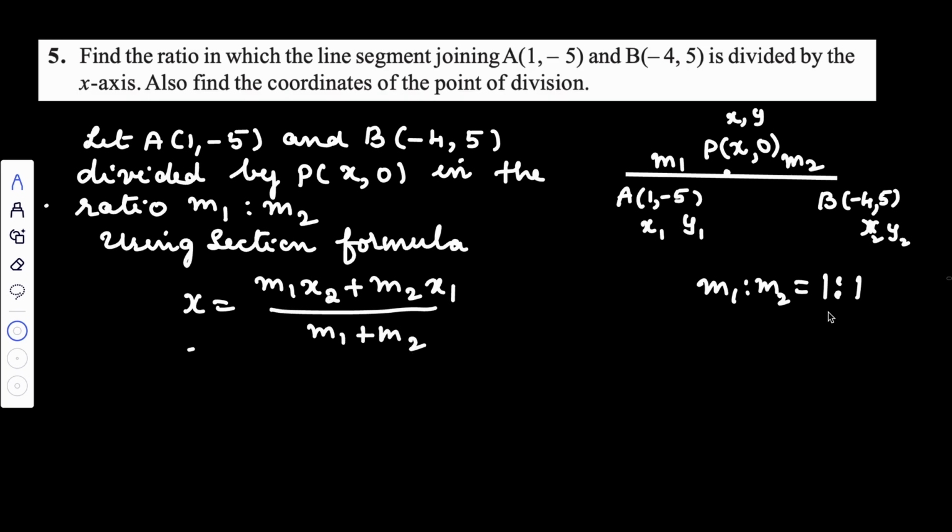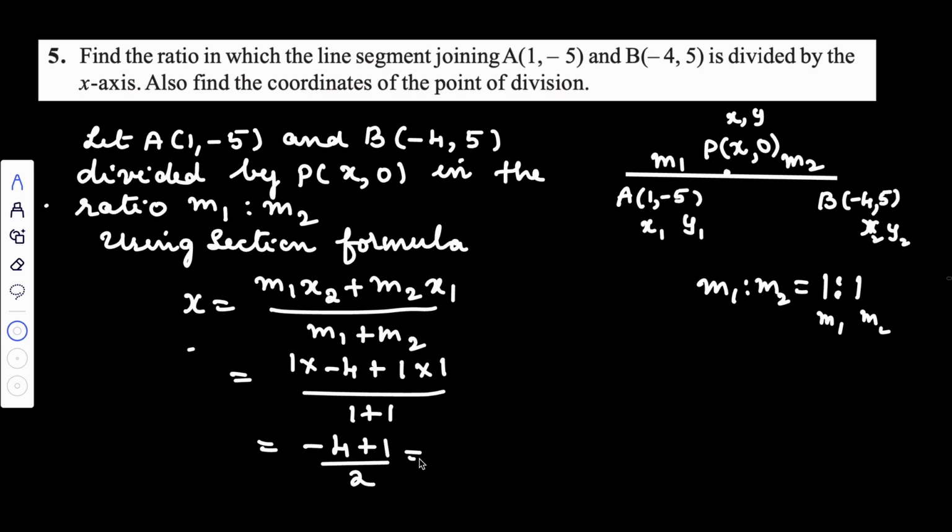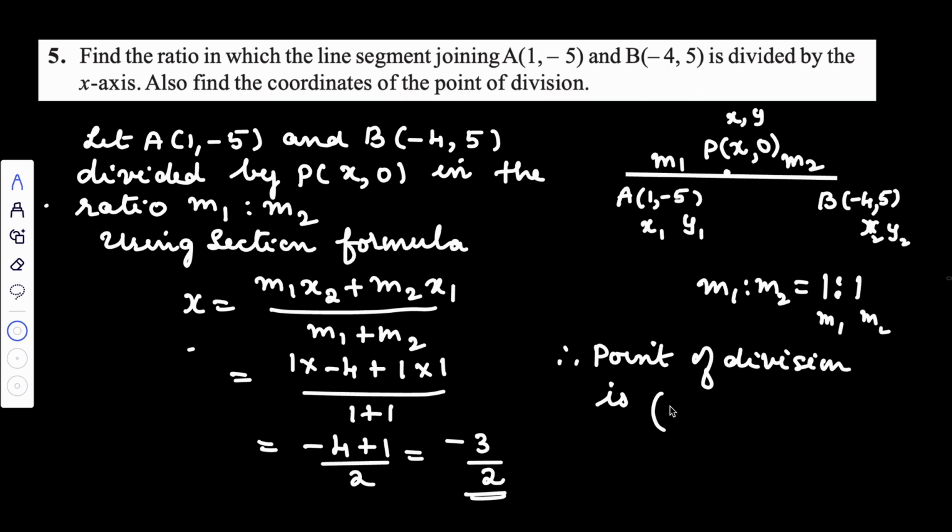Here m1 is 1, m2 is also 1. We substitute 1 into x2, that is -4, plus 1 into x1, that is 1, divided by 1 plus 1. So we get (-4 plus 1) by 2, which is -3 by 2. Therefore the point of division is (-3/2, 0).